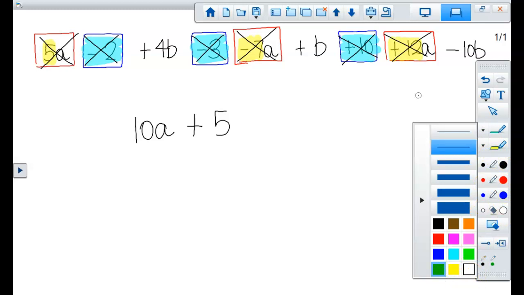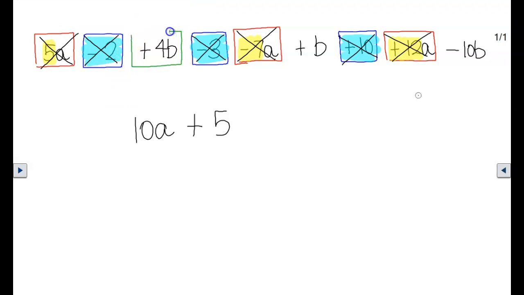All right, going to switch colors again. I'm going to go back through and see if I can identify another set of like terms. So the very next term that I have not dealt with is plus 4b, positive 4b. Remember to catch that sign that's in front of the term when you draw the box around it. So this term has a last name of b. So I want to put in a green box any other terms up here that also have a last name of b.